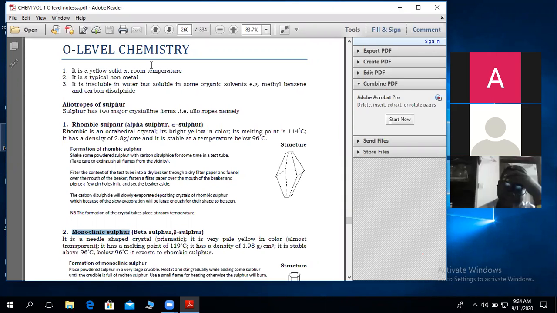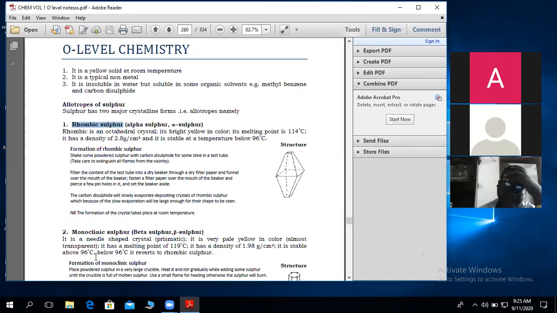How do you differentiate rhombic sulfur from monoclinic sulfur? Rhombic sulfur is stable at a temperature below 96 degrees centigrade. So the only allotrope of sulfur that exists below 96 degrees centigrade is rhombic sulfur. You must never forget this. Rhombic sulfur exists at a temperature below 96 degrees centigrade.